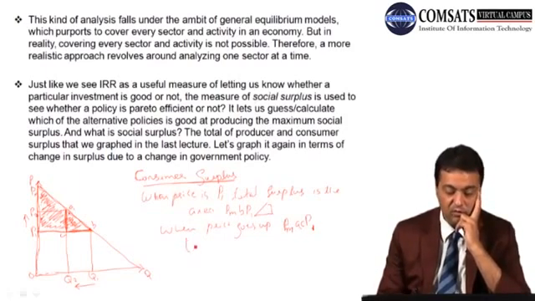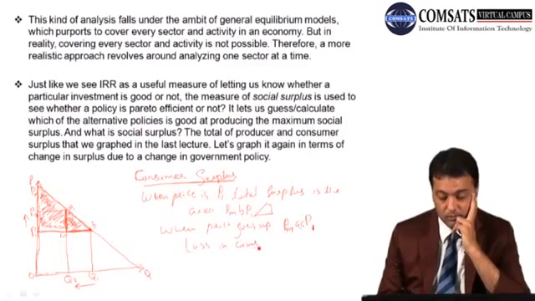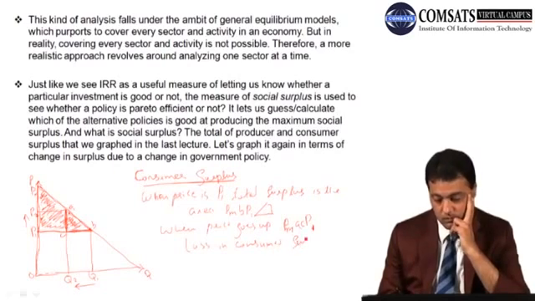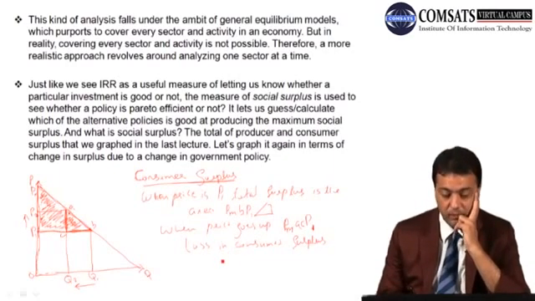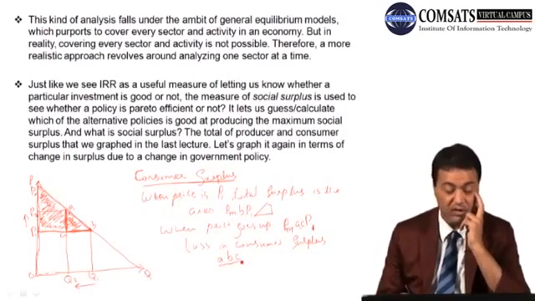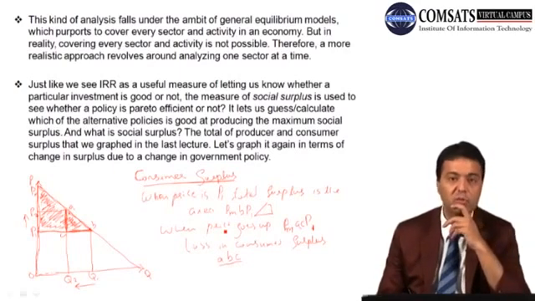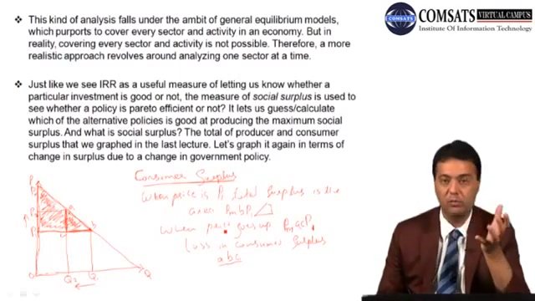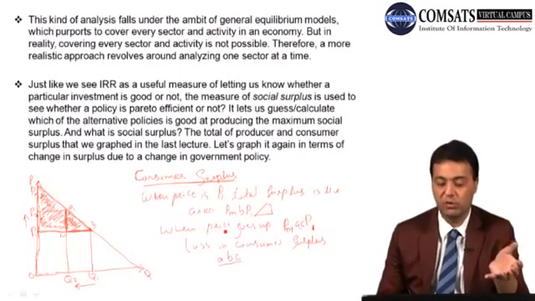And what is the loss in consumer surplus? That is the area A, B, C. This triangular area A, B, C represents loss to the consumer in terms of welfare, because he or she won't be able to consume what he or she was consuming before.